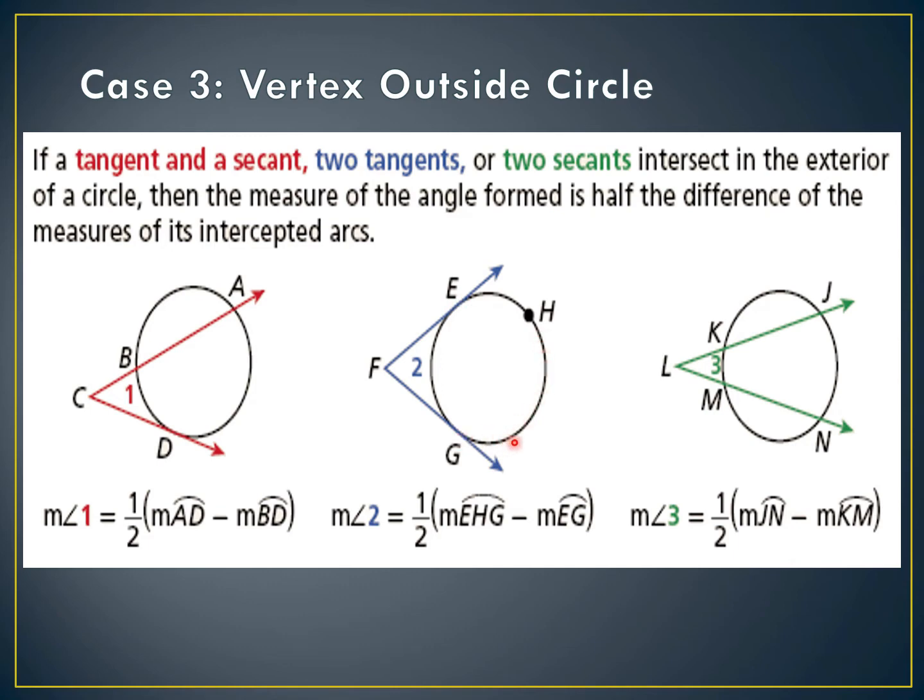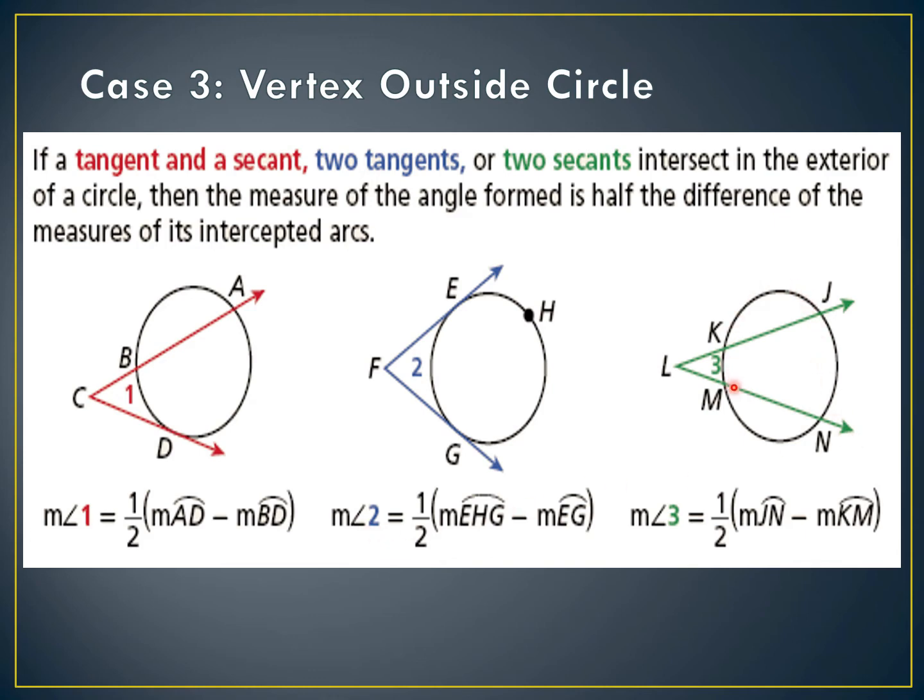Para makuha yung measurement ng EG, isusubtract mo lang yung measurement ni EHG from 360, kasi 360 yung measurement ng isang buong bilog. So, ang gagawin natin dito para makuha yung angle 2, EHG minus arc EG, then i-divide mo lang sa 2. Para makuha yung angle 2 natin.